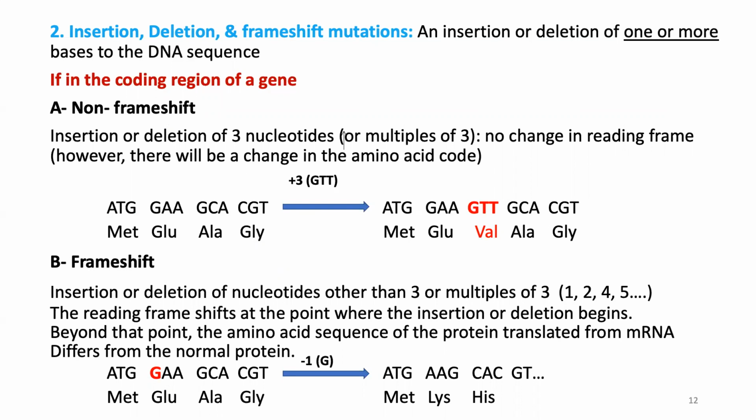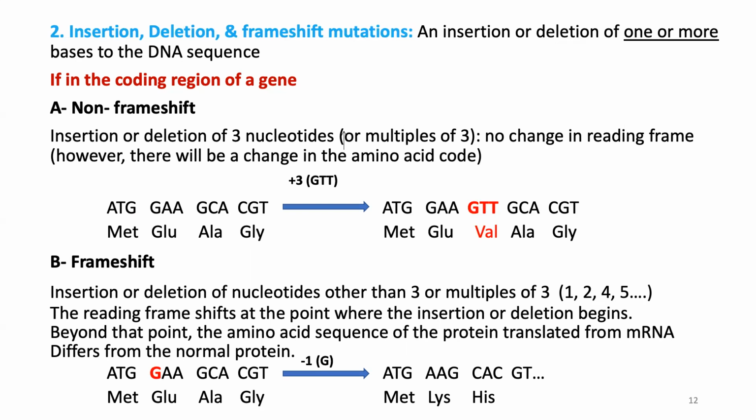Again, we need to consider whether the indel happens in the coding region or non-coding region. If in the coding region of the gene, we have two types: one called non-frameshift, the other called frameshift. This is true for both insertion and deletion.